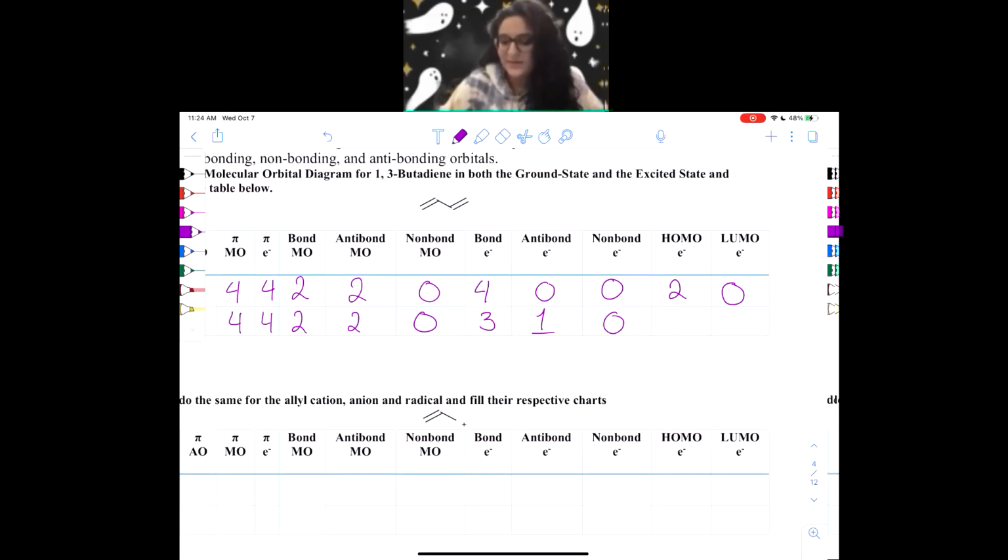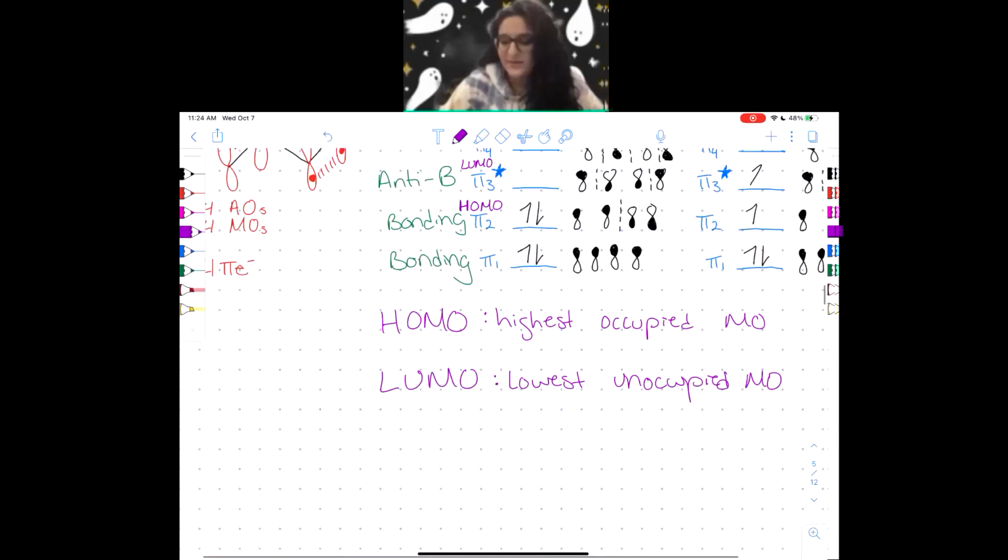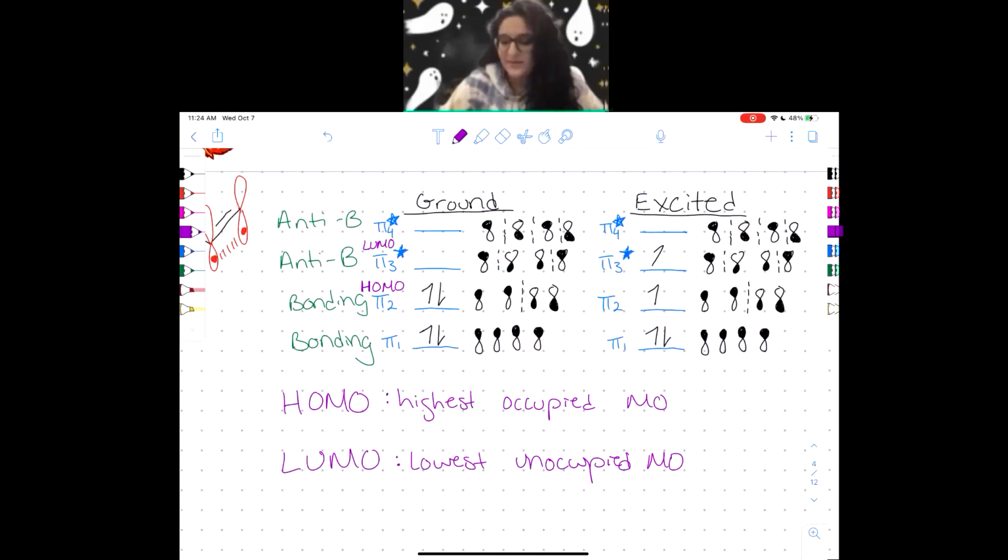So how many electrons did we have in the HOMO? And I'll zoom down so you guys can take a look. So a couple people originally said, does it stay the same? Well, you tell me. So if this is still the HOMO and this is still the LUMO, while the naming stays the same, the number of electrons does not.